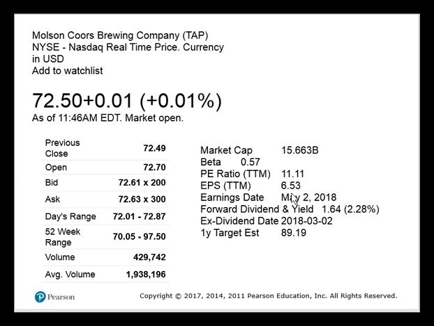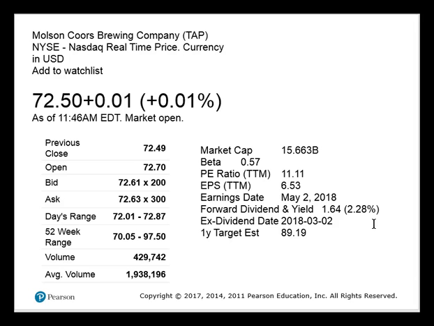Earnings per share are $6.53. Dividend is $1.64. The dividend yield is 2.28%. So if you take $1.64 and divide it by $72.50, essentially in this next year, if you bought the stock today and this dividend occurred, you'd earn roughly 2.28% just on the dividend.